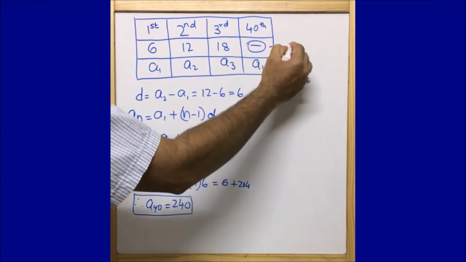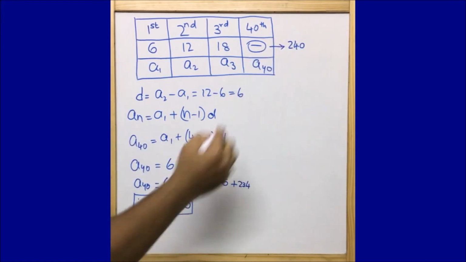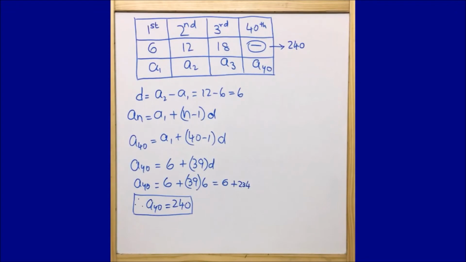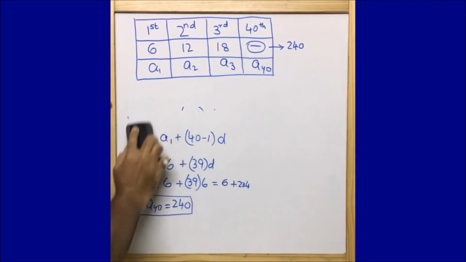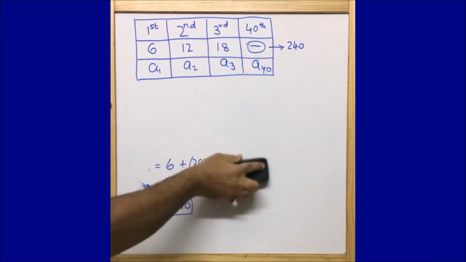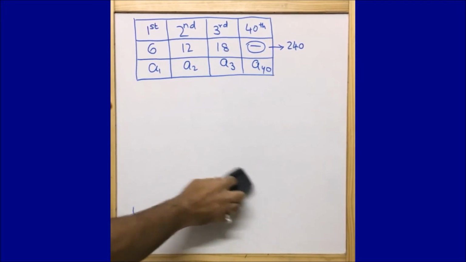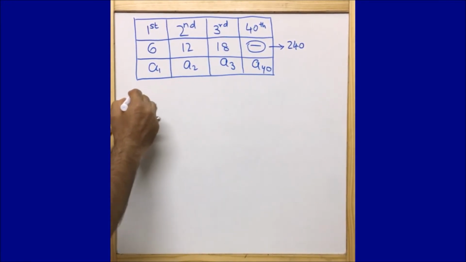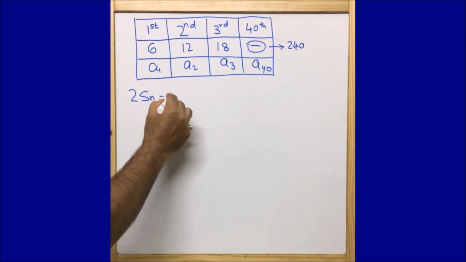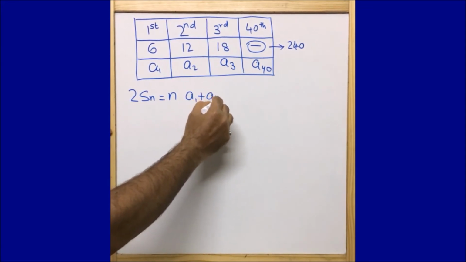Now with the value of a40 as 240, definitely we can move ahead and find out S40. So let's see how we are finding out S40. We will simply use the formula 2Sn is equal to n into a1 plus an.